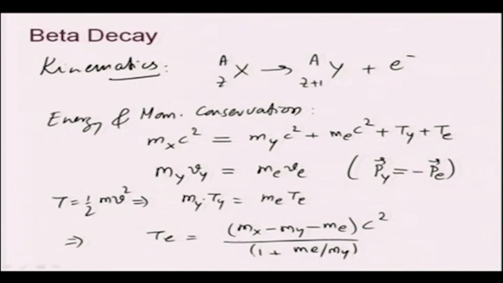The masses are fixed, and therefore the kinetic energy is a fixed quantity for a particular nucleus going down to another nucleus plus an electron.